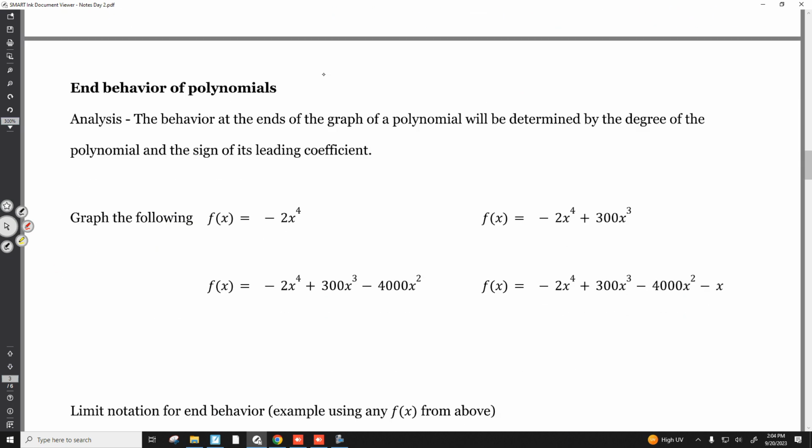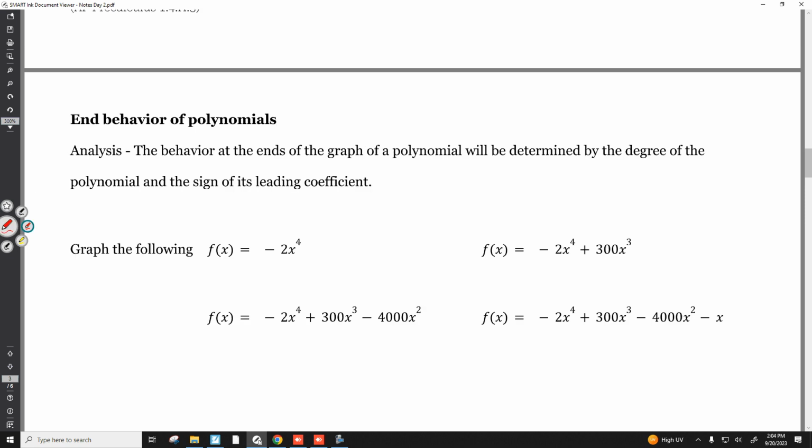Okay. Now, let's talk about the ends of our graph. What is going on all the way to the right and all the way to the left of our graph? Now, when we look all the way to the right, we're thinking about plugging in larger and larger values for x.